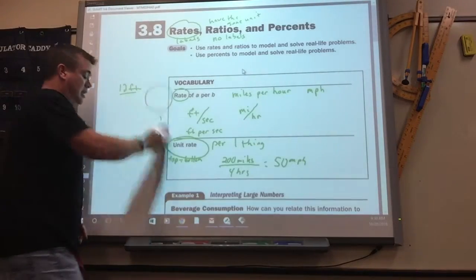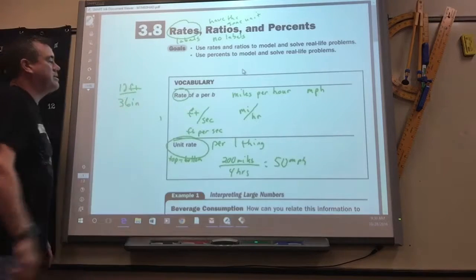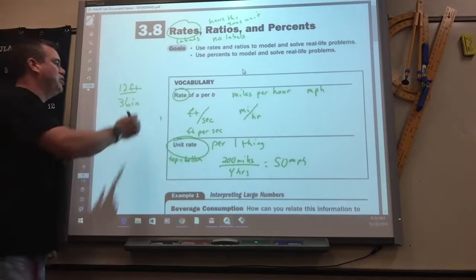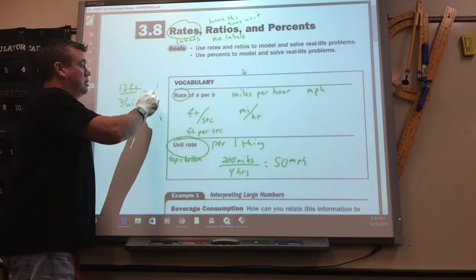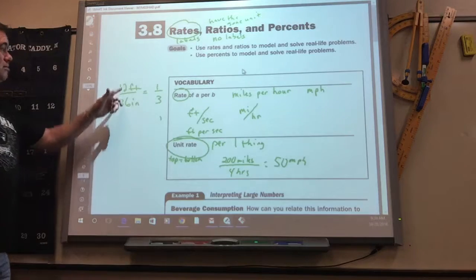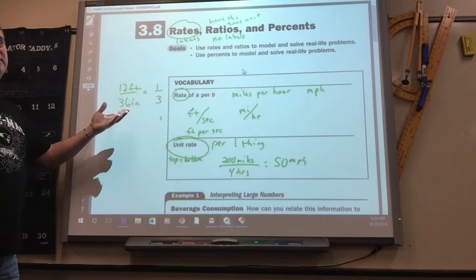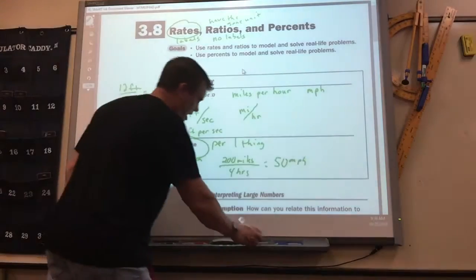Now, if it was something like this, you can't just simplify it. 12 over 36 is, if you just looked at the numbers, 1 to 3, right? 12 goes into itself once and 36 3 times. But that's not correct for this problem. Do you know why? Because it's your feet and inches.